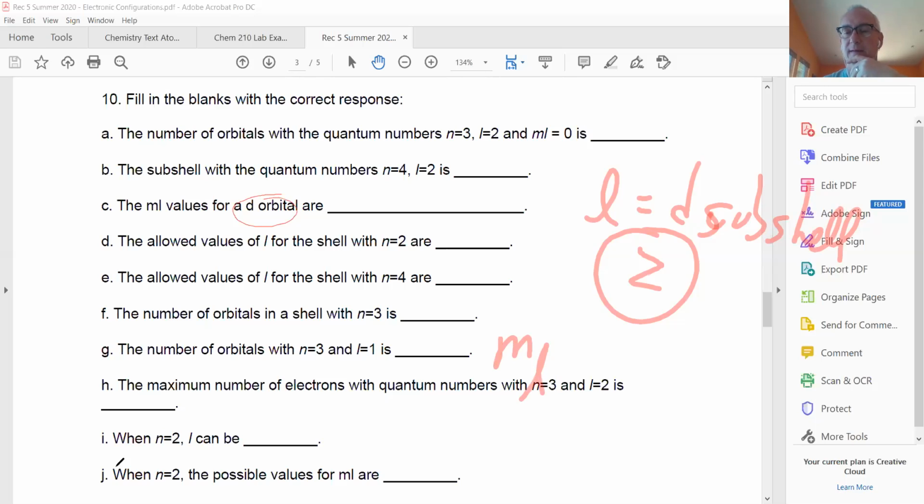So what are they? Because we know they go from minus L to plus L. So what are the possible values for ML? Because it asks for what are the ML values for a D orbital.